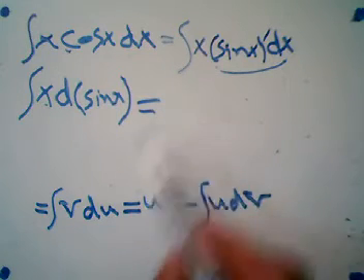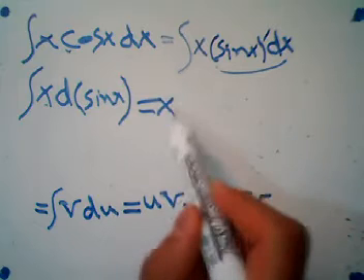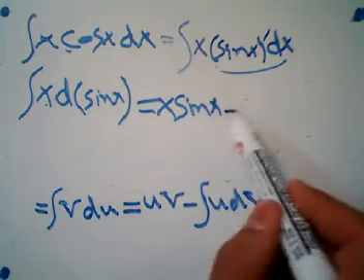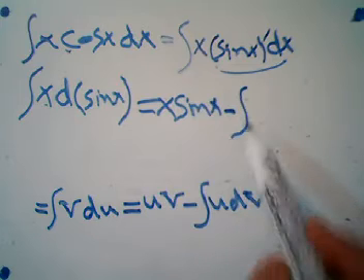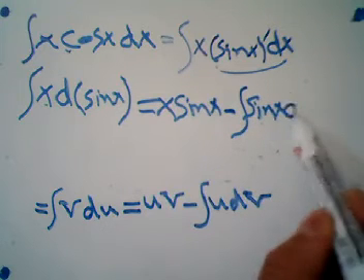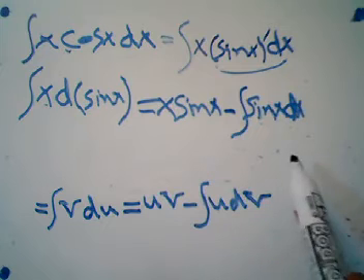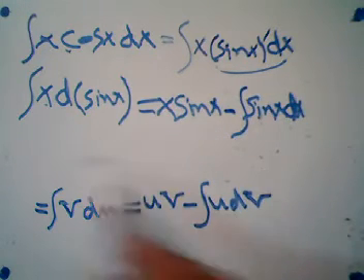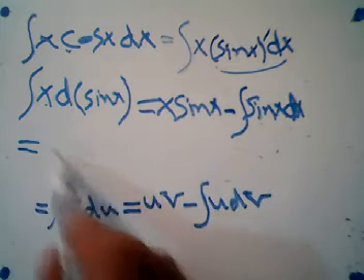So that would be x sine of x, which is u times v, minus the integral of sine of x dx. You know, v was x and u was sine of x. So easy peasy.